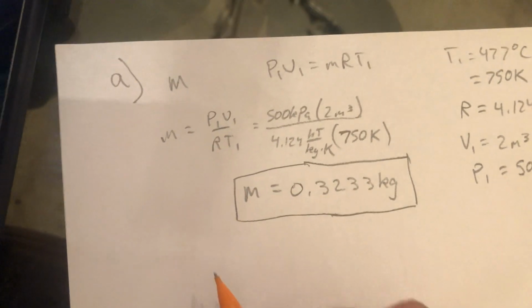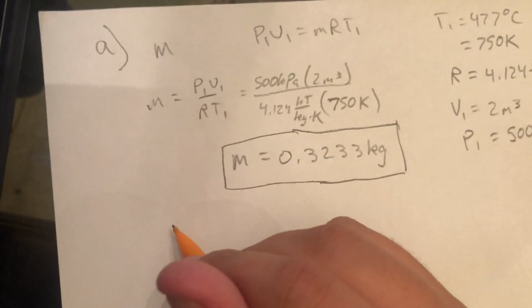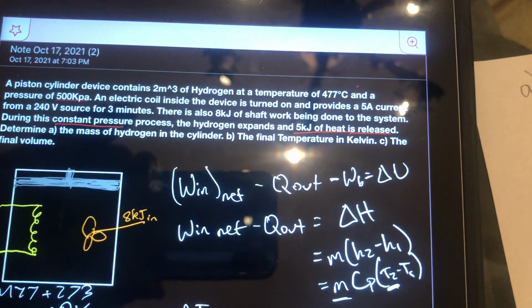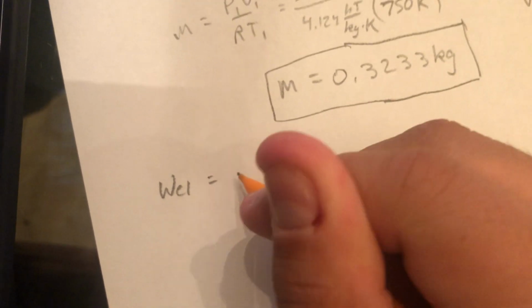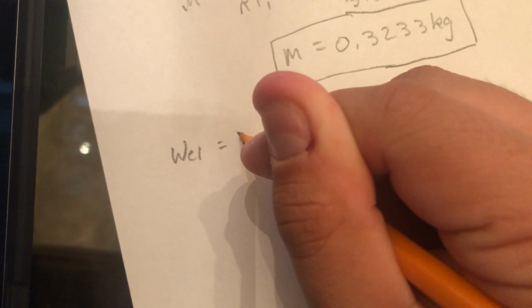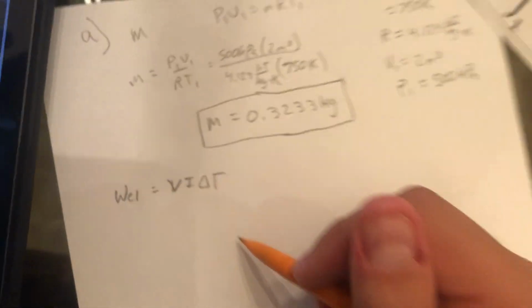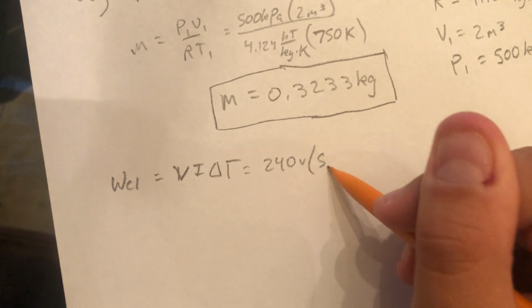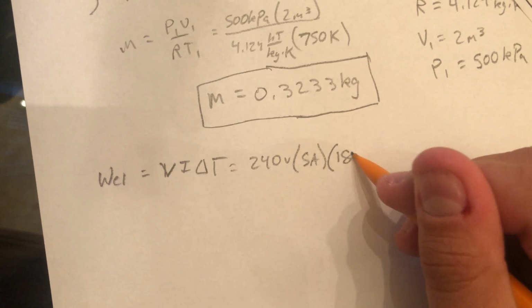And now part B was find the final temperature in Kelvin. So from the problem, we have electric work coming in. So work electric is equal to V times I times delta t. So that's going to equal 240 volts times 5 amps times 3 minutes. 3 minutes times 60 seconds is 180 seconds.